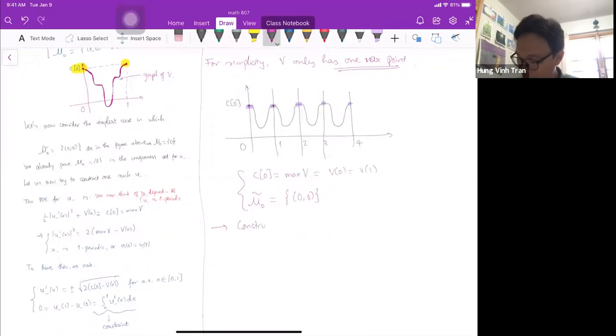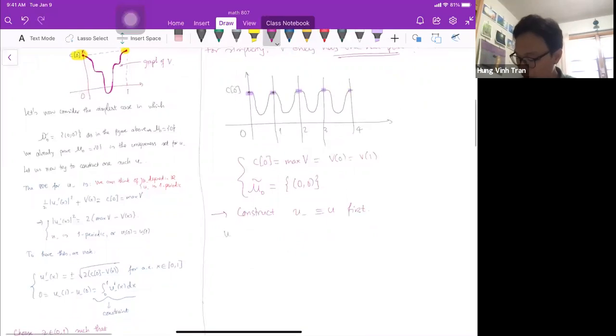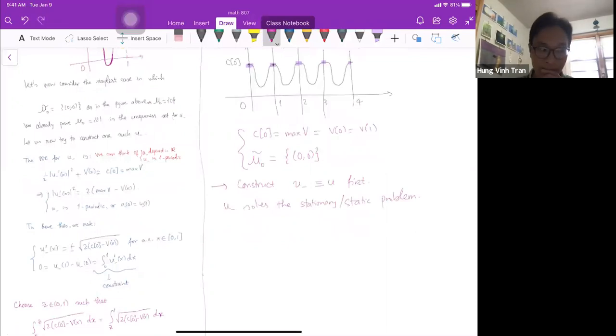Hiddenly we know that U minus solves the stationary or static problem without the time term. As I said, in the context of homogenization or others, we say that it's a cell problem.